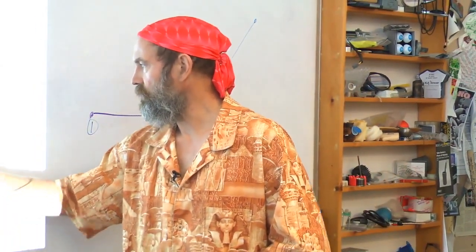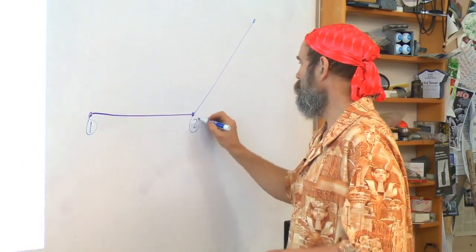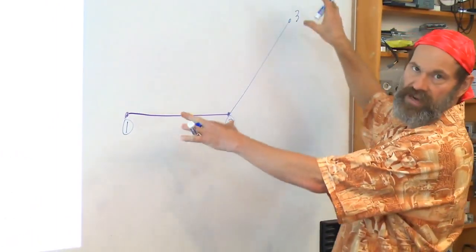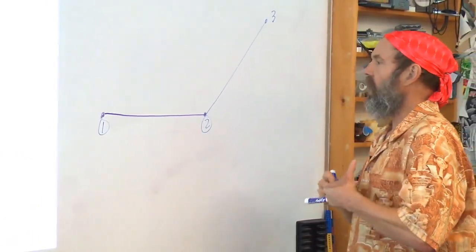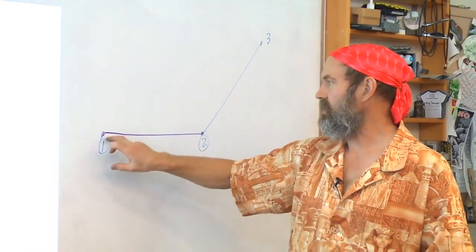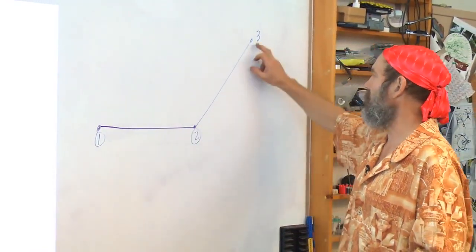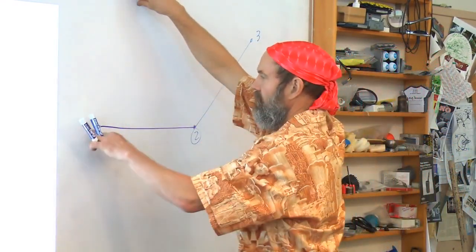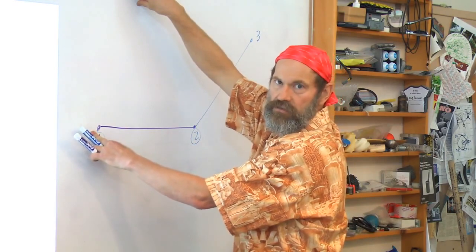This is point 2. This is point 3. I've just rotated around so it's a little easier to draw. I need to find a point somewhere around here that's the same distance from each of these 3 points, because that point will be the pivot point to which my crank link is attached.